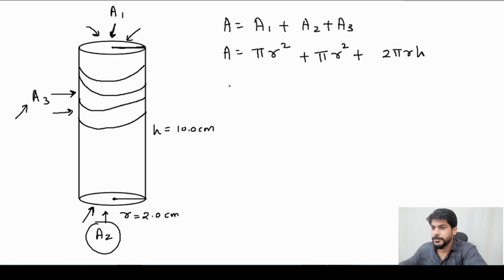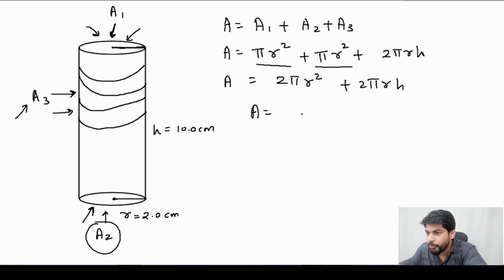The two pi r squared terms add up to 2 pi r squared. So A is equal to 2 pi r, which is common and comes out of the bracket, times r plus h in the bracket.